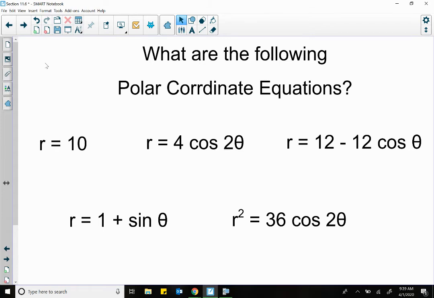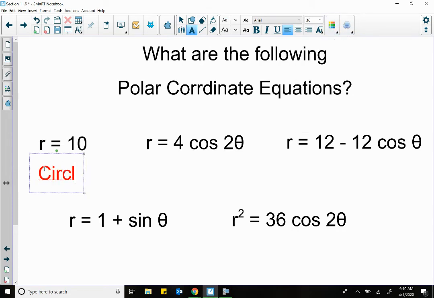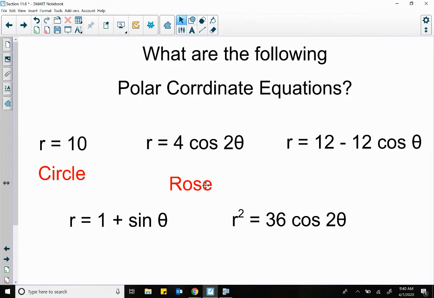Okay, so if we look at this one right here, hopefully you told me the answer is a circle. Correct. Hopefully for the next one, you told me that this is a rose. For this one, that means this is a circle with a radius of 10, so you count out 10 and make your circle all the way around.